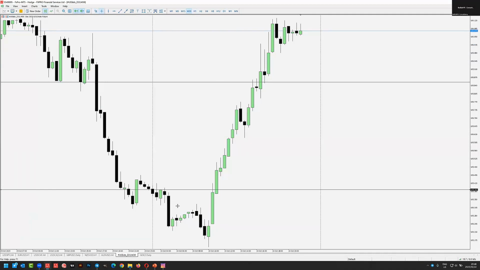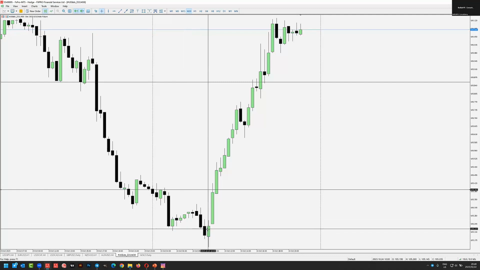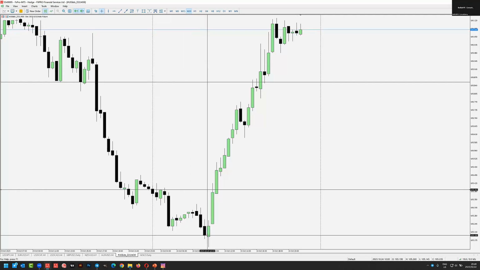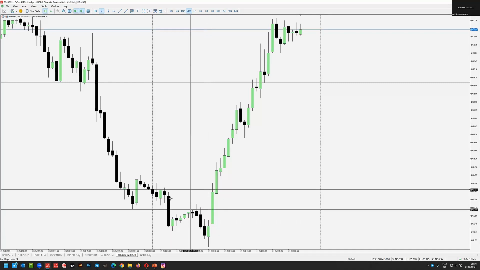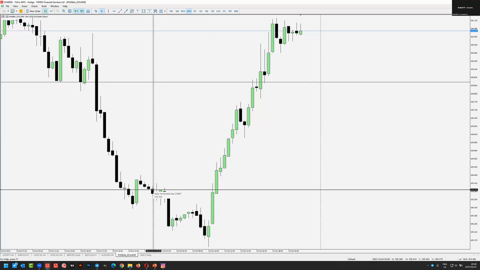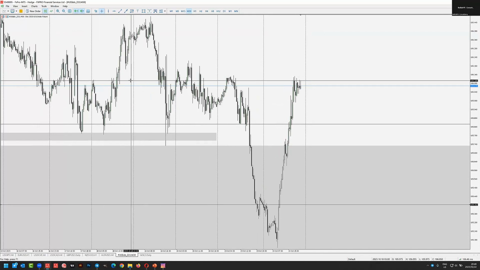And we've got our Asian session all the way to 7 a.m. right there. Look, during London, price was below the Asian low, and also below our opening price. And it was trading below.